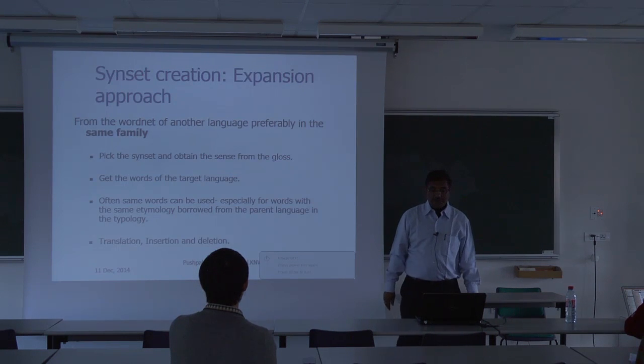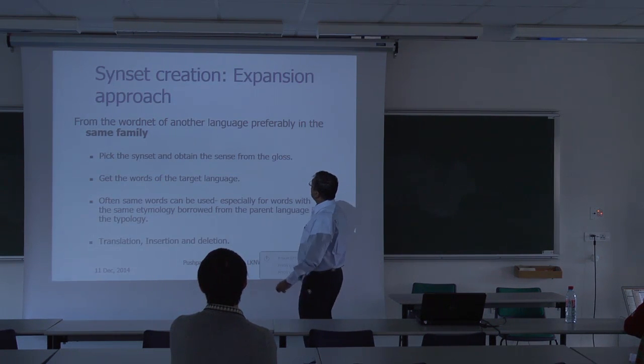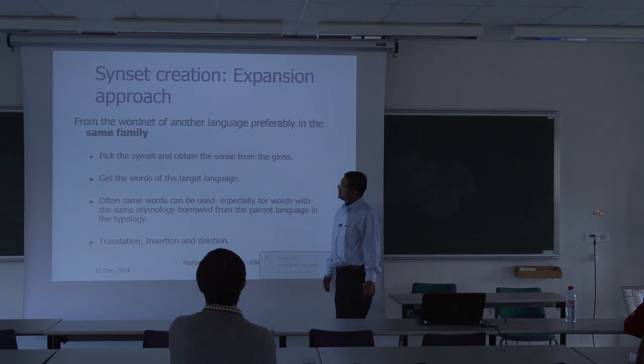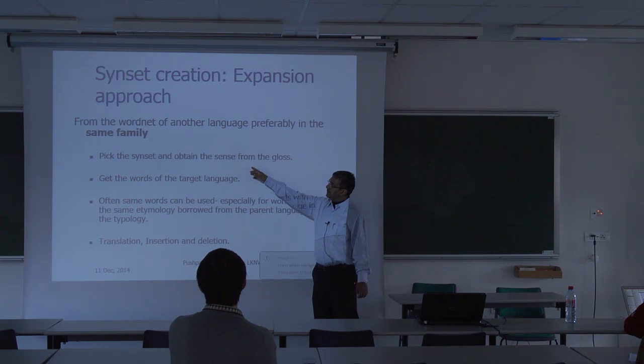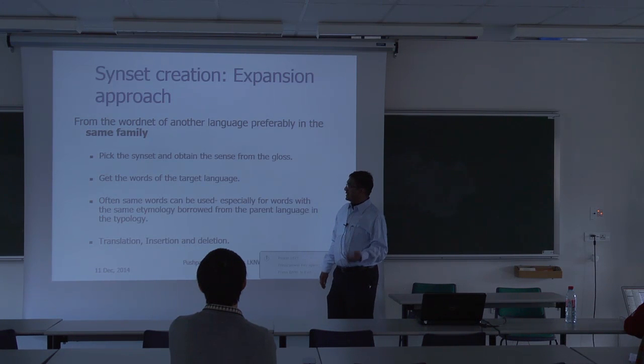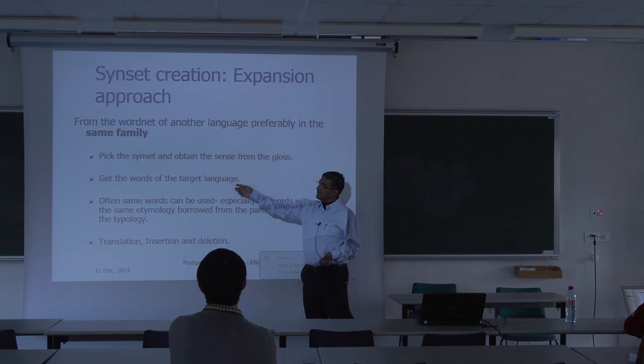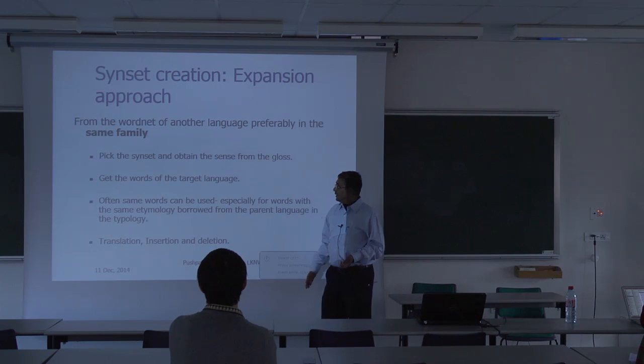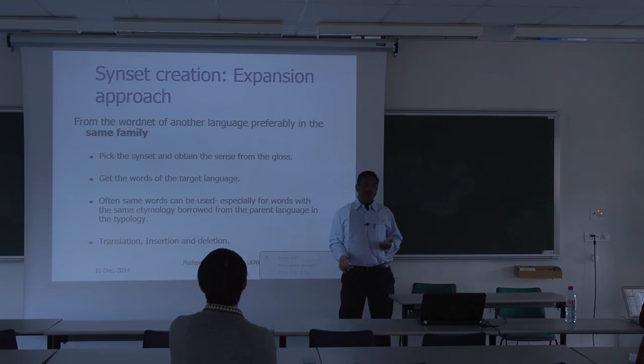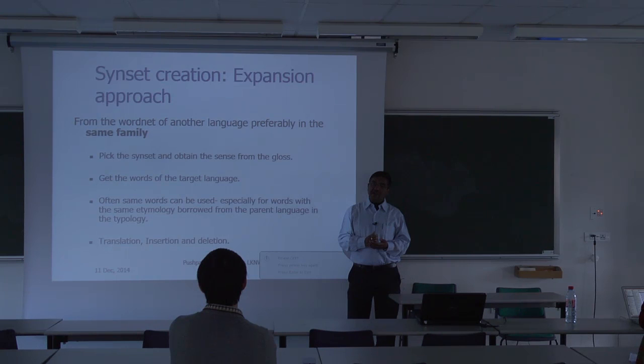The other approach to synset creation is what is called the expansion approach. We pick the synsets of a language, let us say English, and we get the words of the target language. But we should be very careful that the synsets are not translated, because that can give rise to what are called false friends.